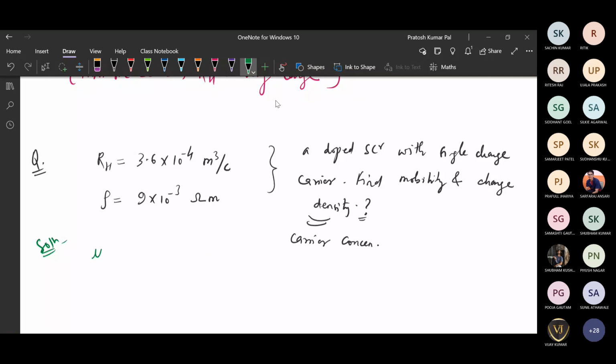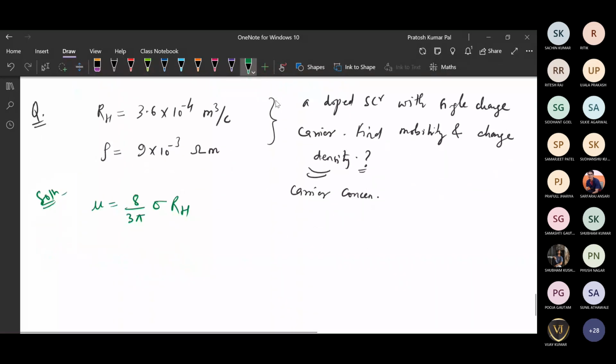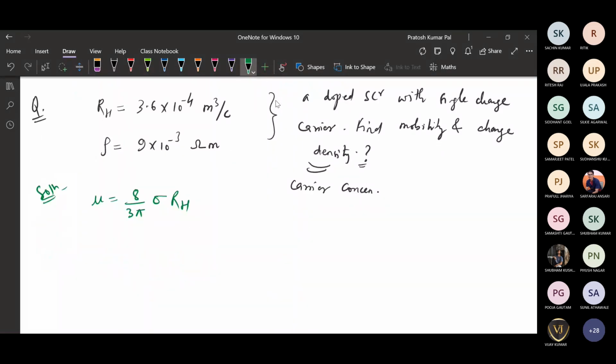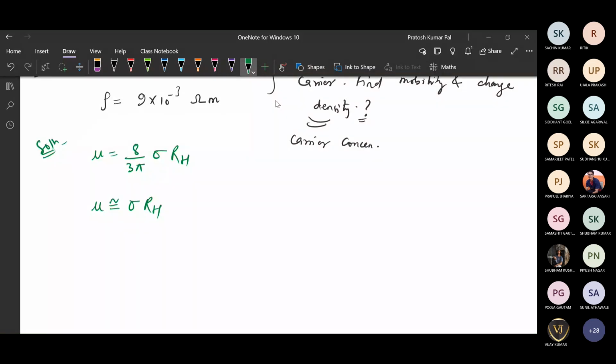So for mobility, mu is equal to 8 by 3 pi sigma into RH. So for general simple calculation, an approximate value of mu can be taken by replacing this 8 by 3 pi with 1. So this mu will be sigma RH. Sigma is equal to 1 by rho, into RH.